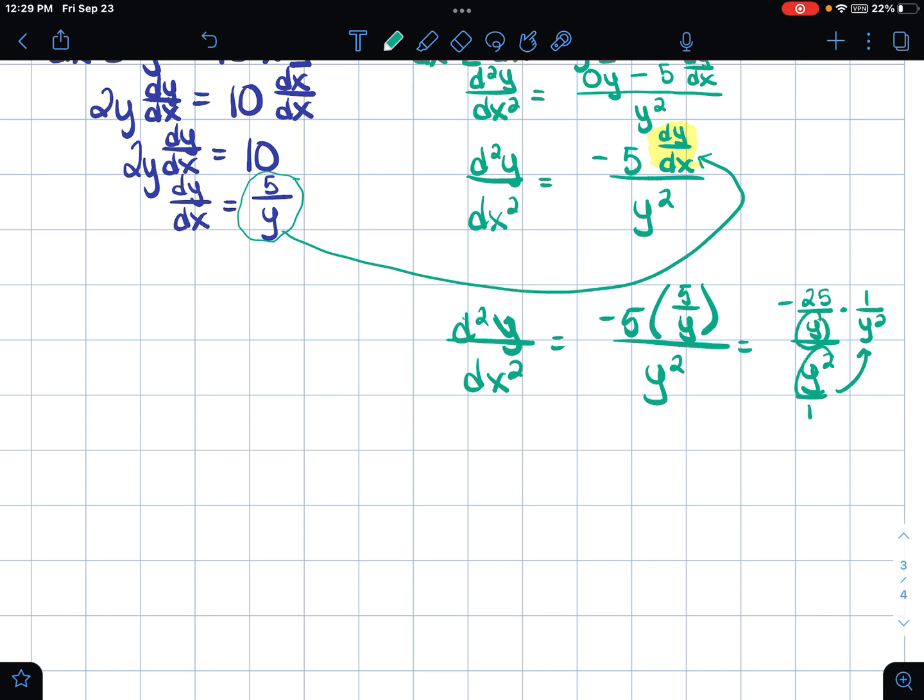So this y and those y's become y cubed in the denominator. So we end up with negative 25 over y cubed. Now we have our second derivative. It's only in terms of x and y. There are no differentials in there at all. So we're done.